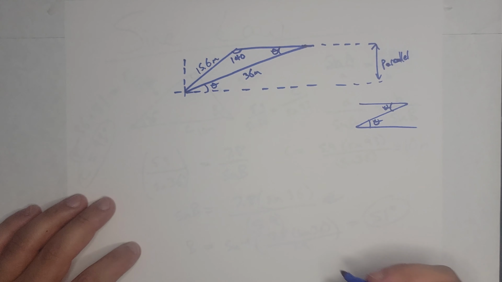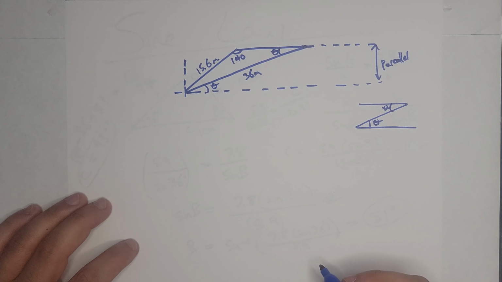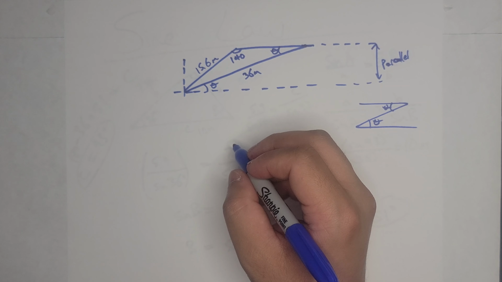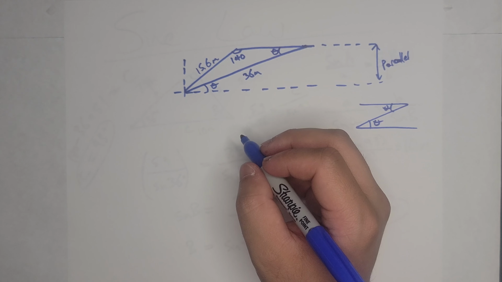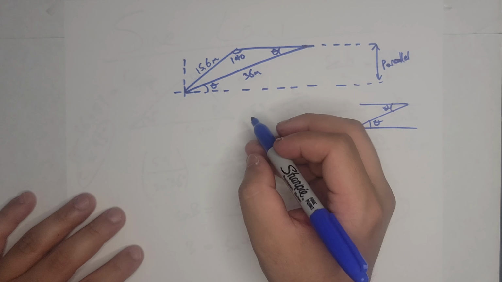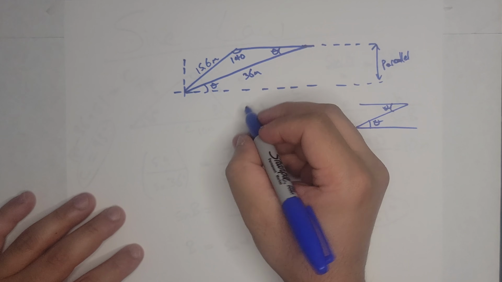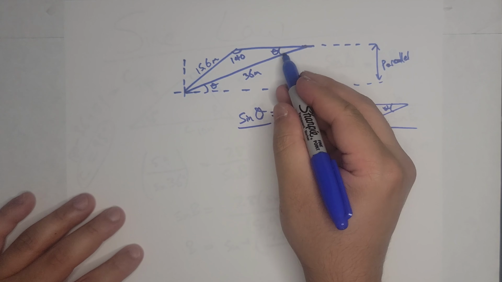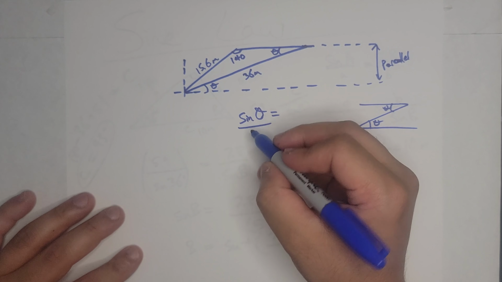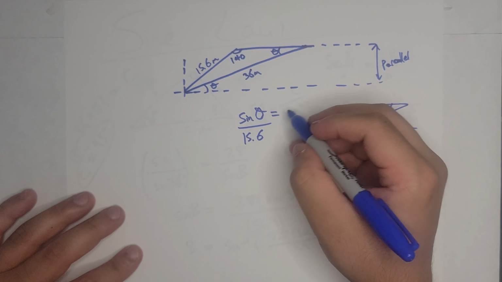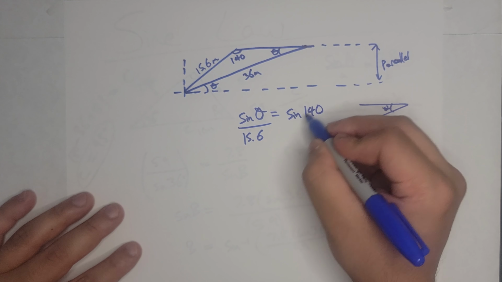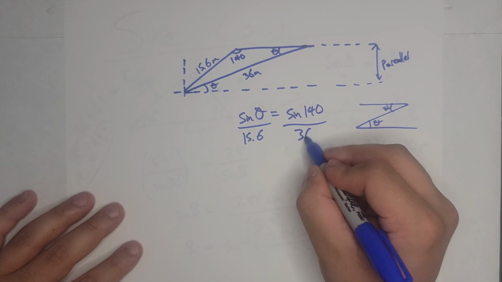And now it just comes back down to a silly sine law equation. So if we start punching these numbers again, we have sine theta over its opposite length 15.6 is equal to sine 140 over my 36.